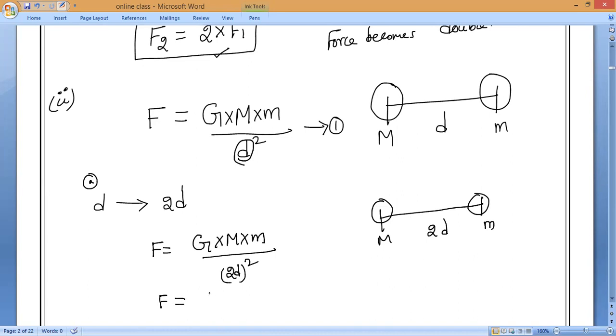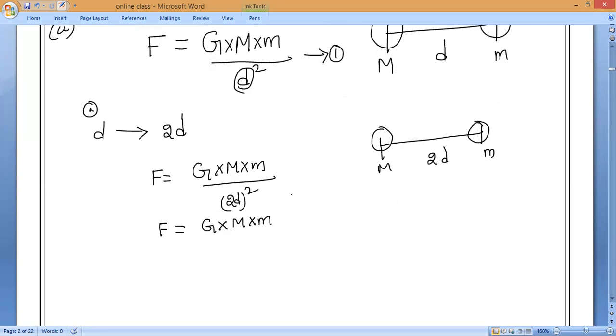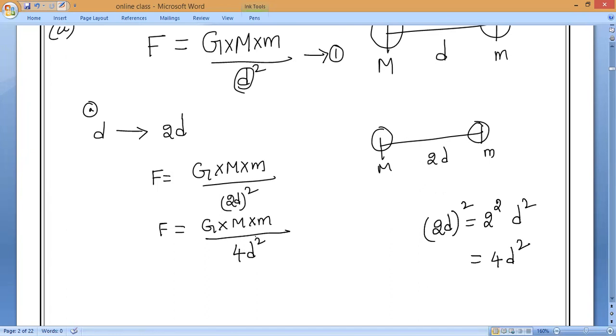So F is equal to capital G into capital M into small m divided by 2d whole square. How can I write it, Mitakshri? 2 square into d square, which is equal to 4d square. So that is what you should write, 4d square.